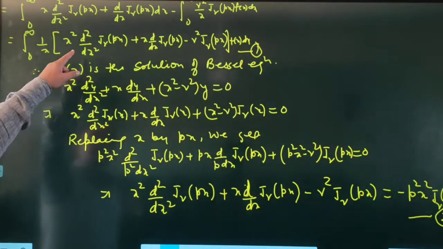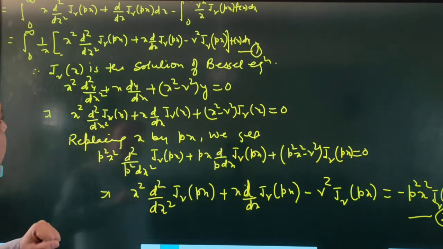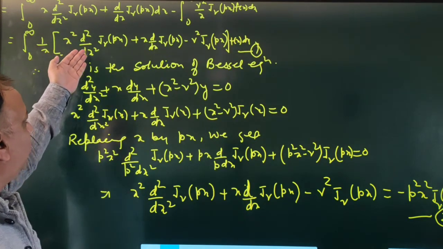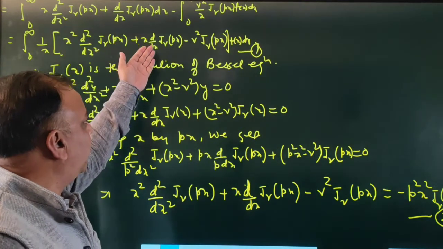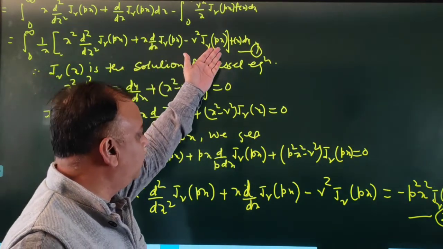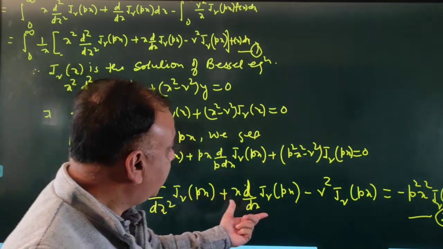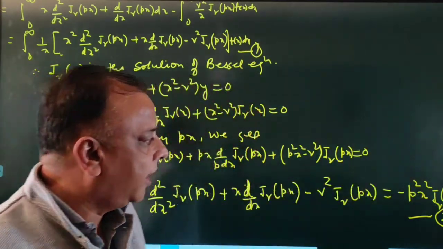Now as we see, from equation 1, x square d2 by dx square J nu(px) plus x d by dx J nu(px) minus nu square J nu(px), and from equation 2 this equals minus p square x square J nu(px).